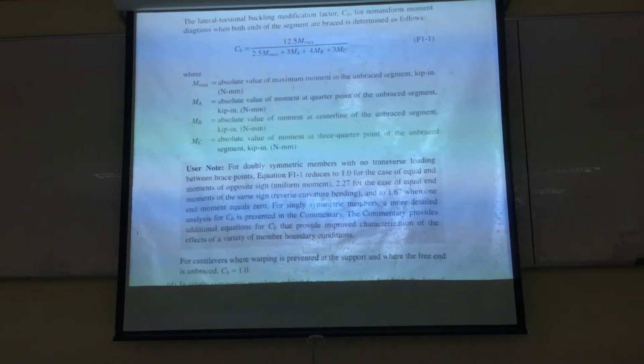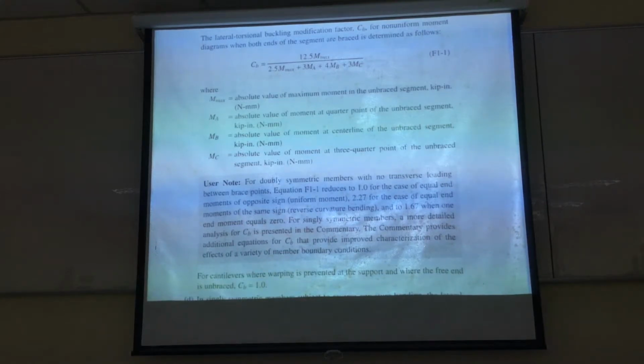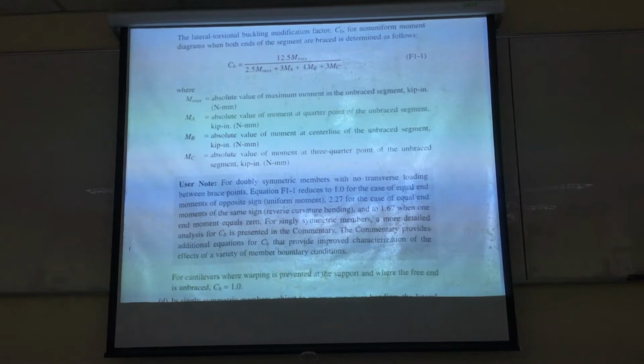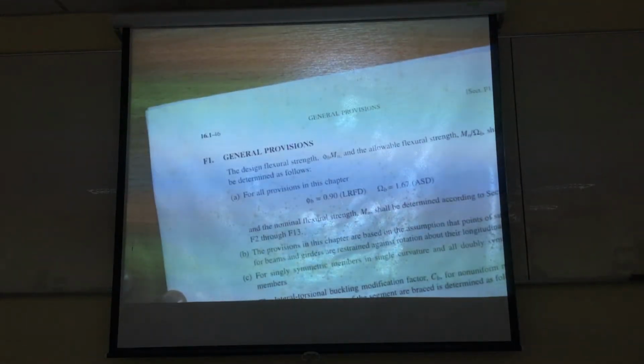The moment is uniform. But in the other case, when you have a large moment in some area and a small moment in the other area, you should have more capacity than the beam with this. So I make it like this.